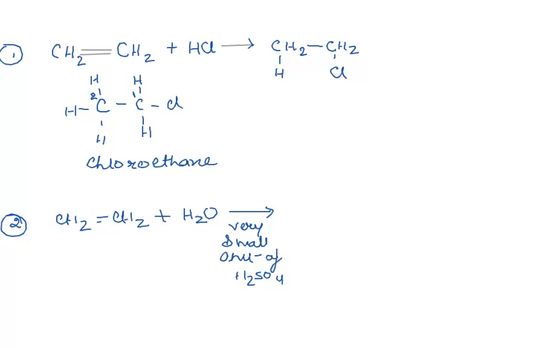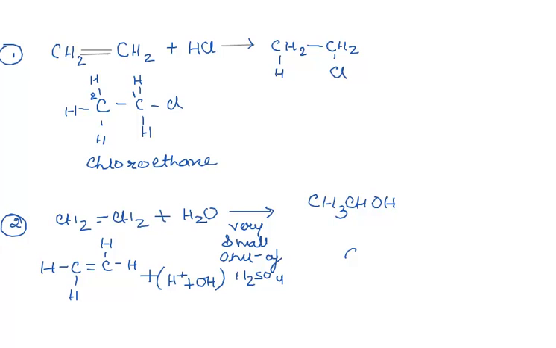This will form CH3CH2OH. So what is happening here? This is ethene. Now I'm adding a water molecule. Your water molecule dissociates into H plus and OH minus, and then it gives you the addition product.